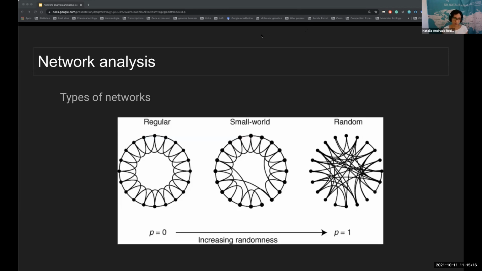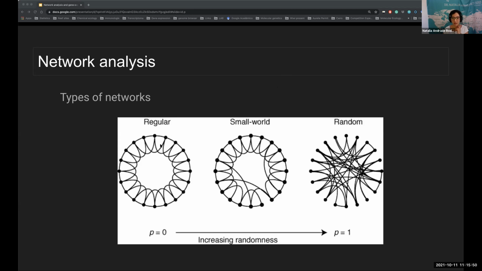Then there are different types of networks. Which type of network you use, or which parameters you use to build your network, will be reflected in how the graph of this matrix shows, right? There are regular networks that, as you can see, have a very nicely made pattern.